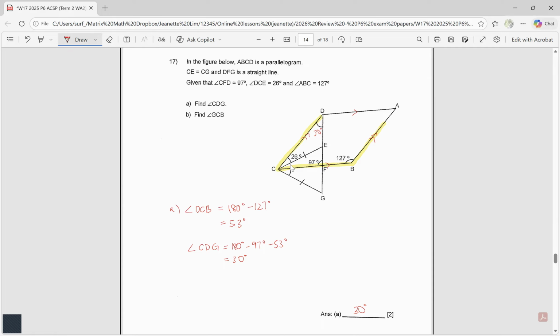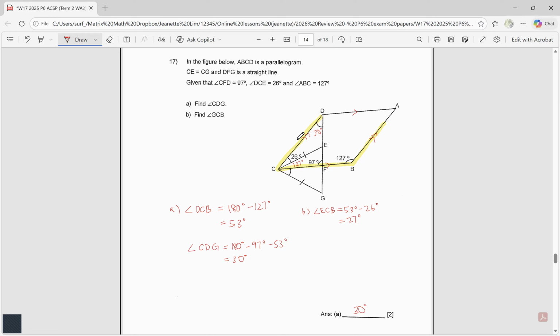For part B, E, C, B. 53 minus 26 equals 27 degrees. So this part here is 27 degrees.